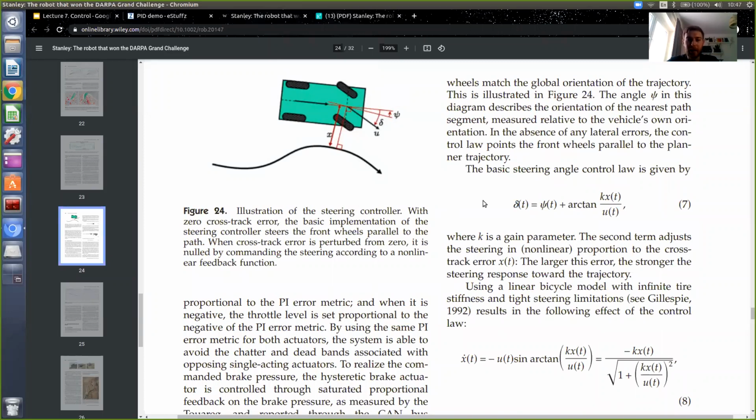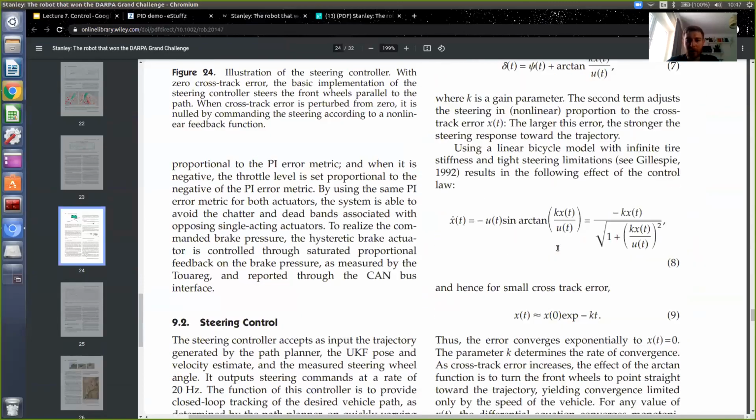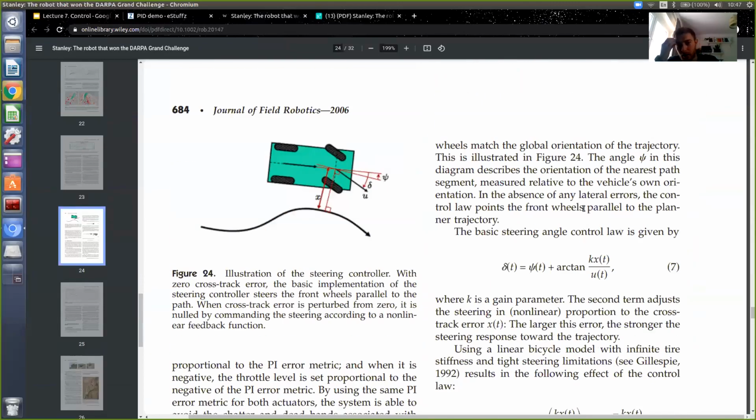After that, within a year, they came up with a more complex algorithm, but that was the first one. It works and it's still applicable in many cases. Simple robots usually use this algorithm. So once again, there is this angle, which is the orientation of the nearest path segment.